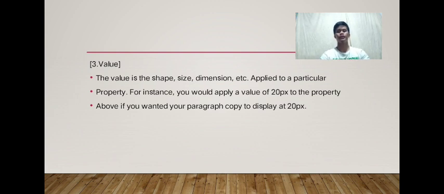The last one is the value. The value is the shape, size, dimension, etc. applied to a particular property. For instance, you would apply a value of 20px to the property above if you wanted your paragraph copy to display in 20px.